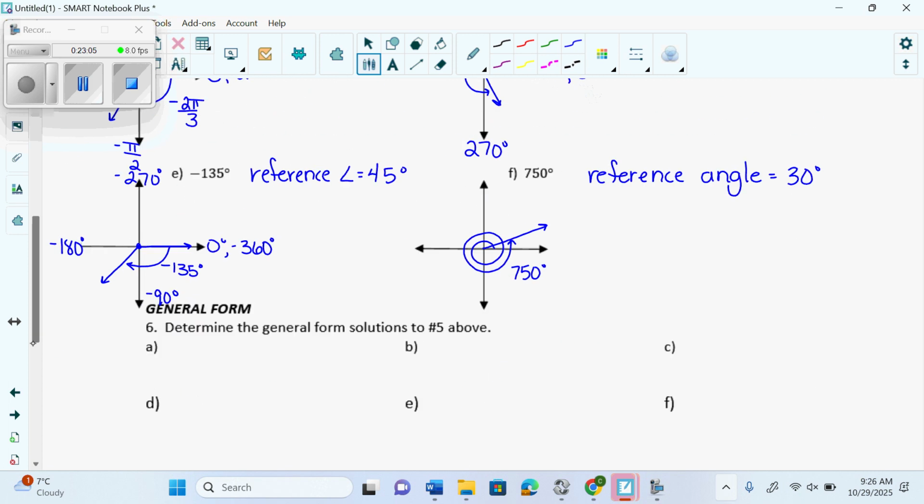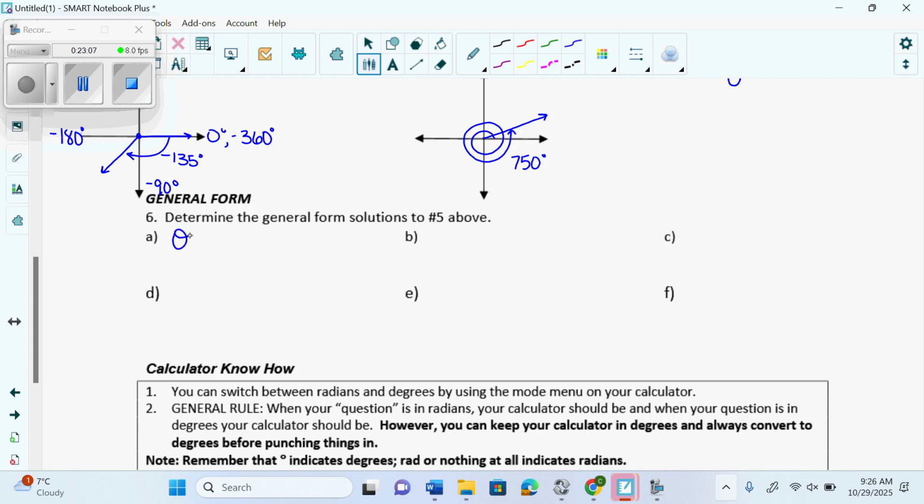So I'm going to go down here and say theta equals. You have to say theta equals or you're not actually giving an angle. Theta equals my principal angle, so it's 60 degrees. Plus, what do I need to do to get it to rotate fully around? 360 degrees. And what do I have to put behind it?